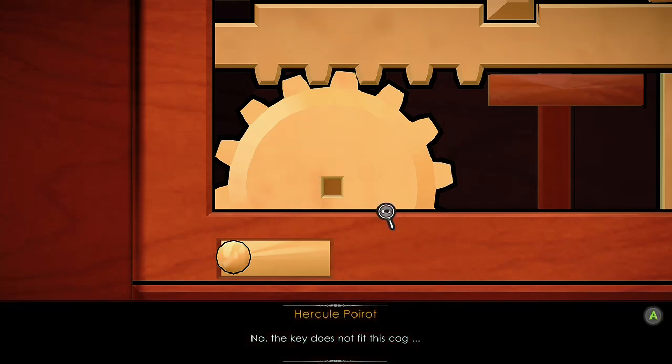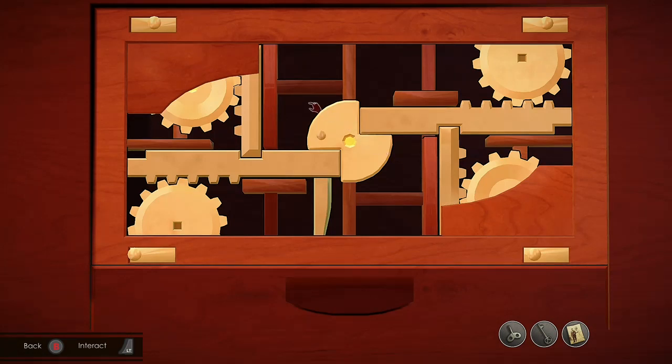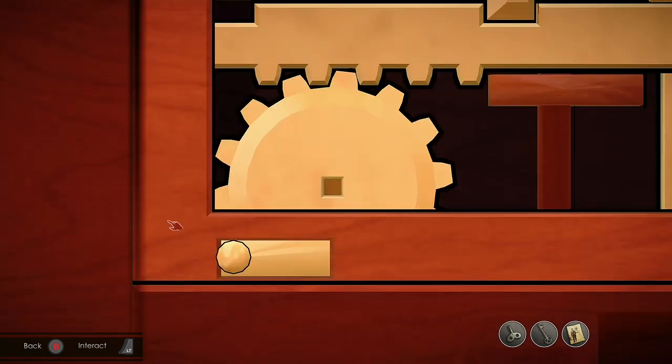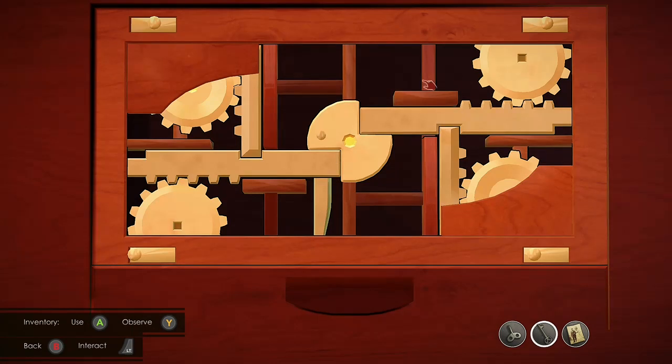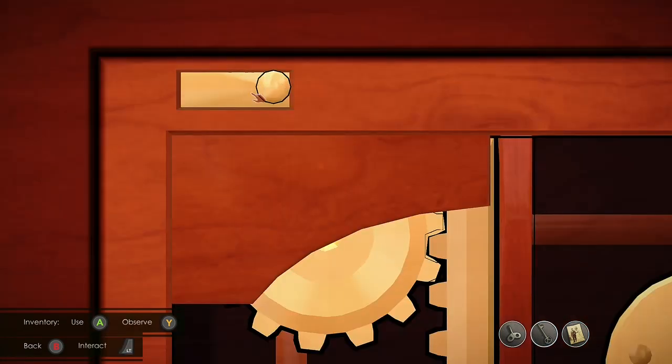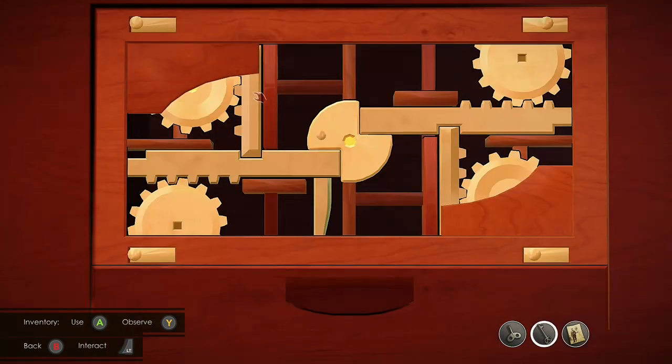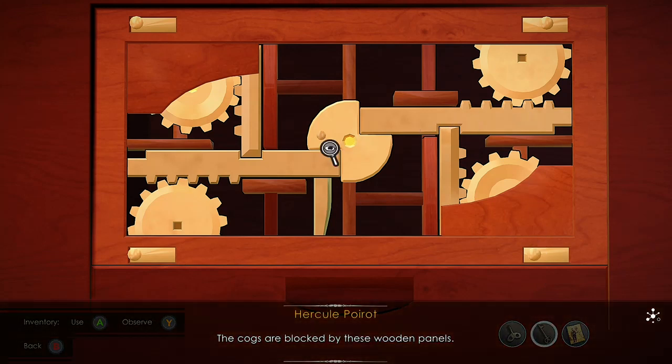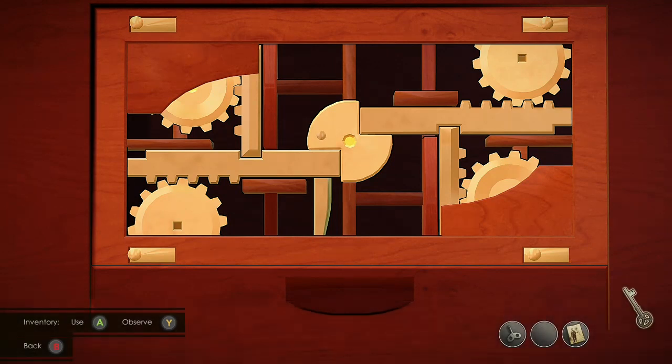No, the key doesn't. The cogs are blocked by these... Yes, I know.